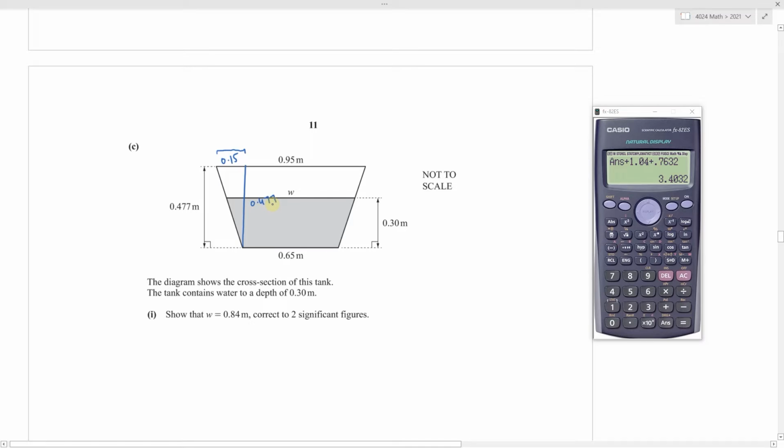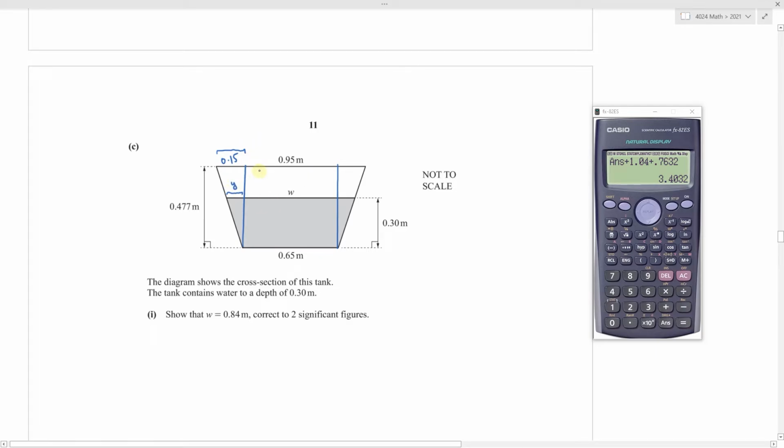Now, if I look at this larger triangle, it is similar to this smaller triangle which is inside. So W will be basically, if I draw this line here as well, let's call this length here y.